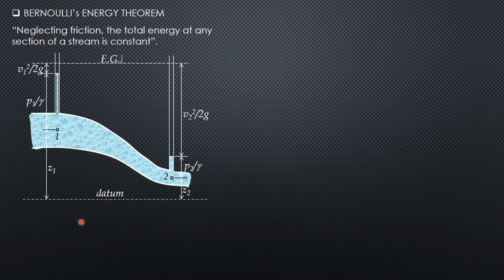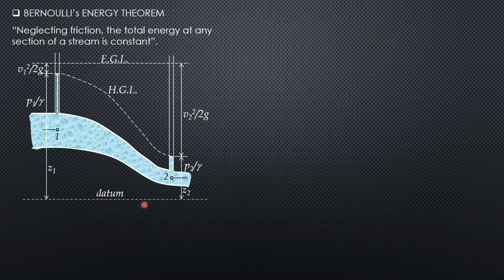So that's the energy grade line, and this is called the hydraulic grade line. The hydraulic grade line is a line joining liquid surfaces in a series of piezometers. If you imagine so many piezometers, you just connect those liquid surfaces.